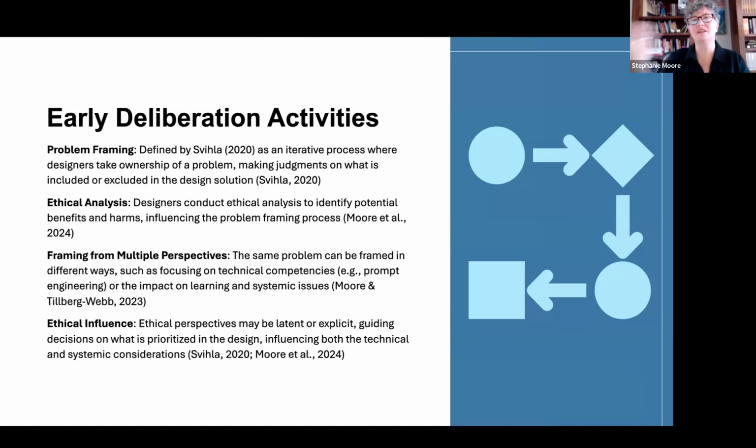We headed into it bringing together both of our work on design practices, contextual analysis, needs analysis, et cetera, as well as ethics, and bringing all of that to bear.